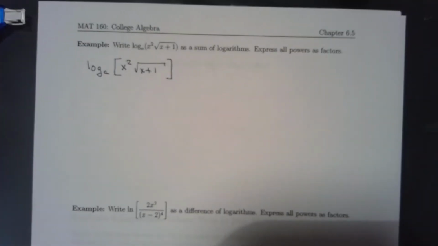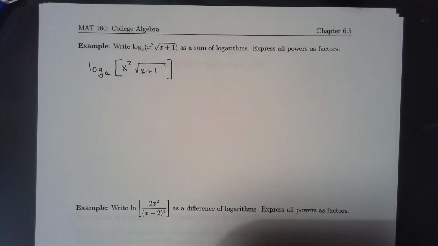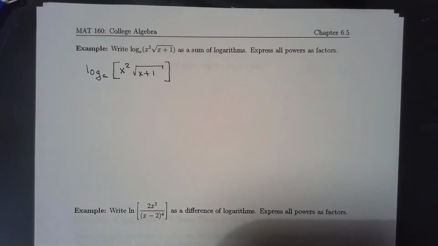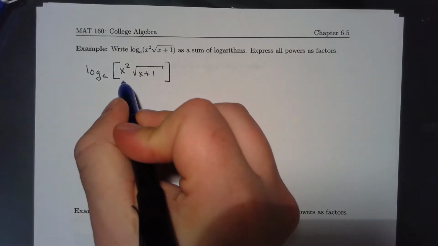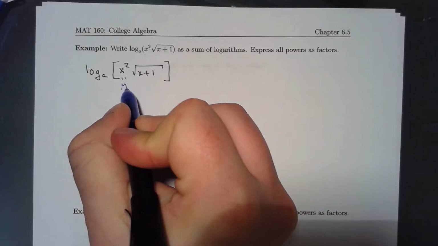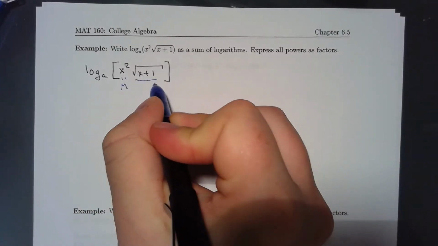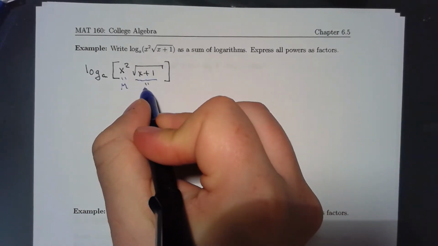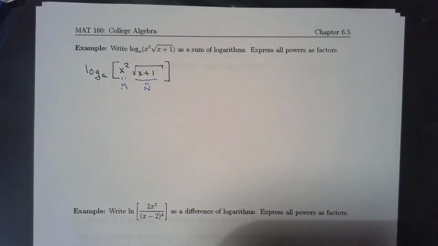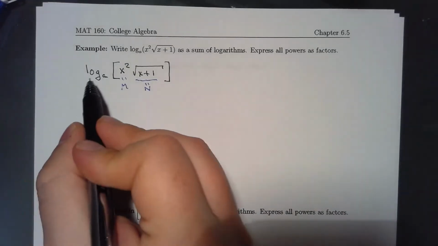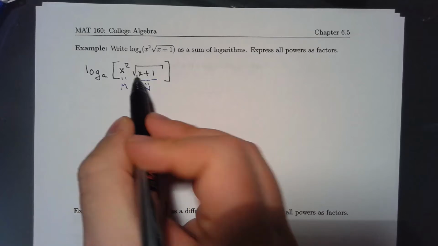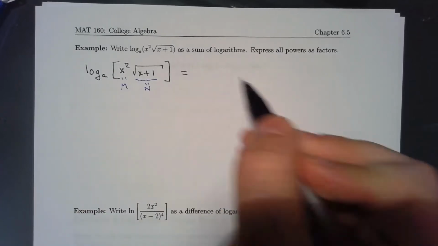All right. So what's going on here is I have a log of a product. So you could think of the x squared here as m, and you could think of the square root of x plus 1 as n, in the properties that we used. So if I have a log of any base of a product, that equals the sum of the two logs.